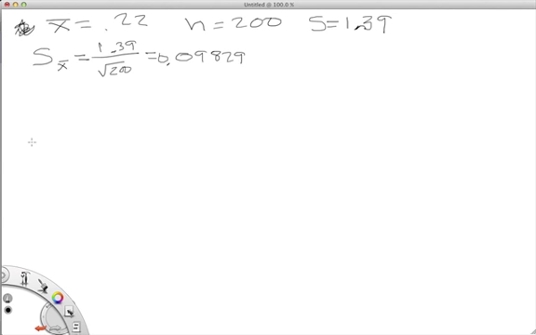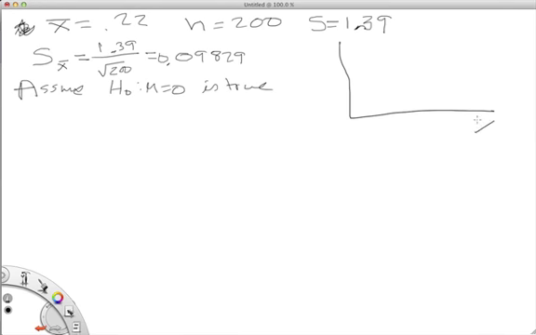Now, at this point, we're kind of back in the first part of chapter 10. So we're going to assume that H naught, mu equal to 0, is true. Now let's draw what this implies. This is the sampling distribution of X bar.